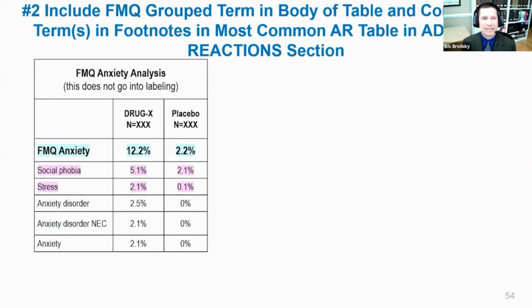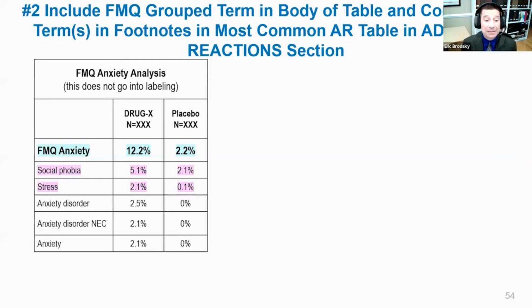So in examples 2 and 3, we're going to talk about situations where we include information specifically in labeling from the group term as well as component terms. The difference between 2 and 3 is that 3 are more consequential adverse reactions of more clinical importance.